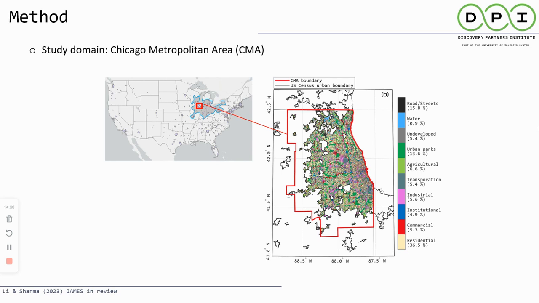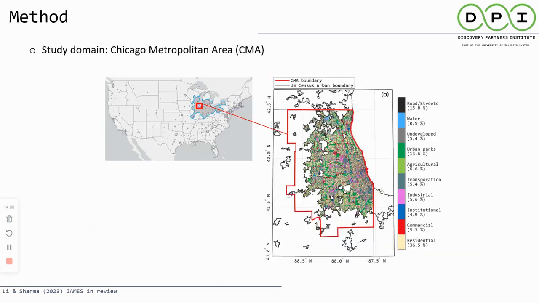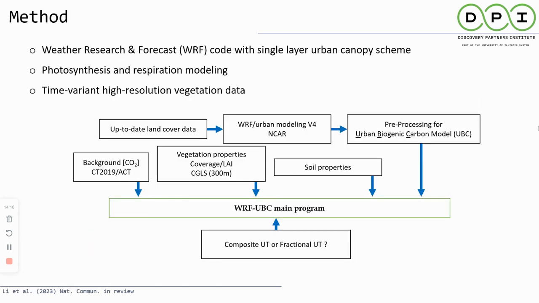We just increase the temperature and increase the background CO2 level to see how it changes. And in this modeling framework, we are considering the building height and the street width as the canyon aspect ratio to reflect the shading effect and the radiation trap effect. So that has been taken into account in this model.